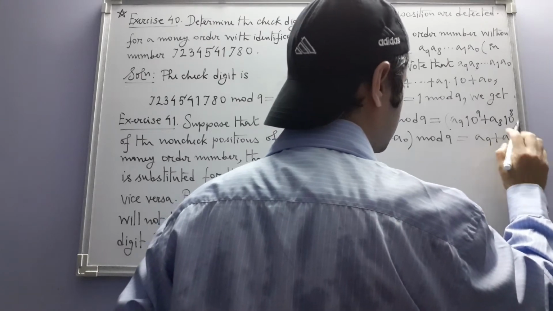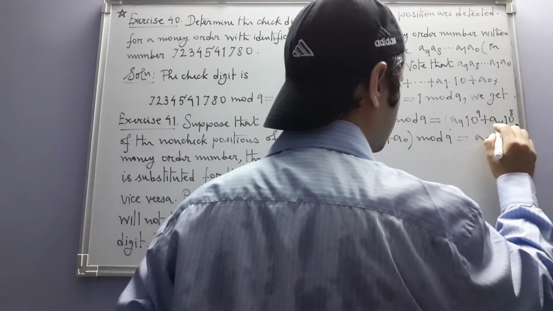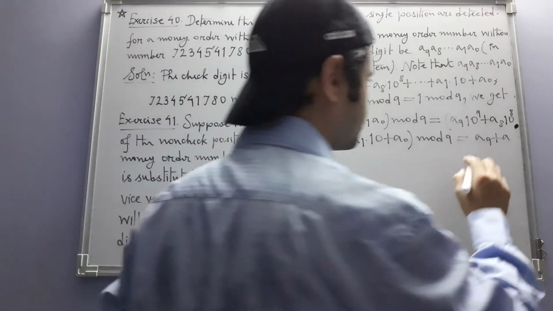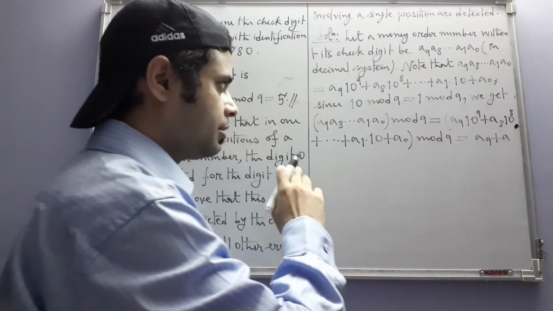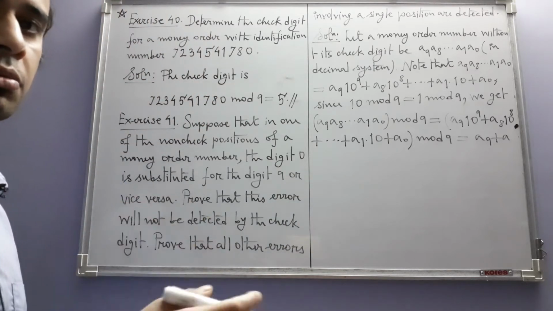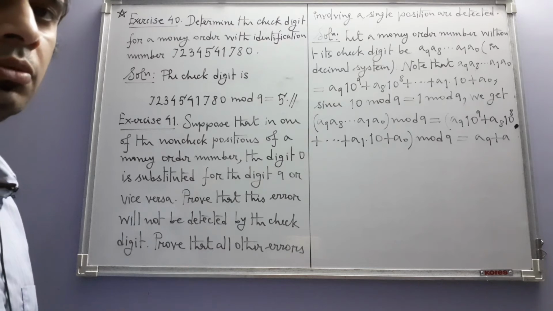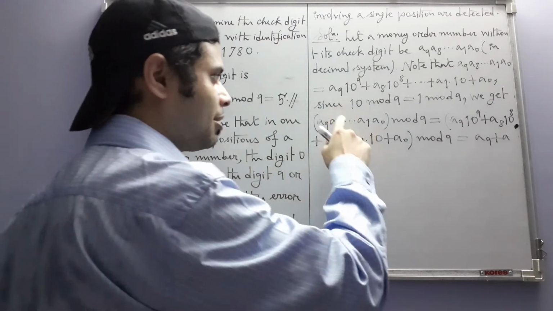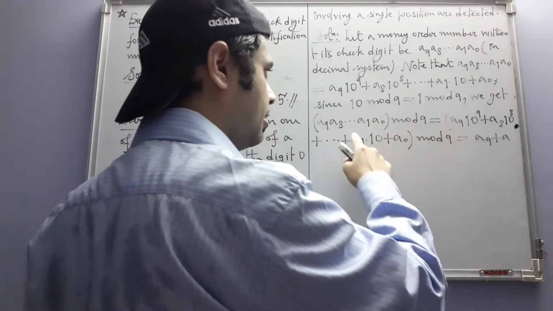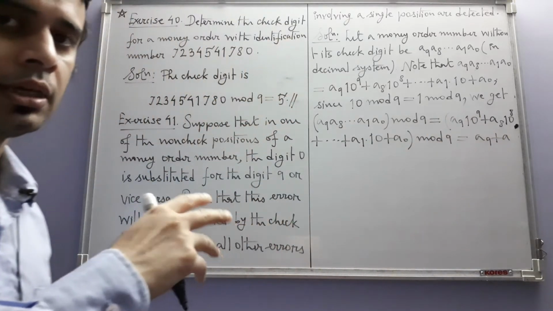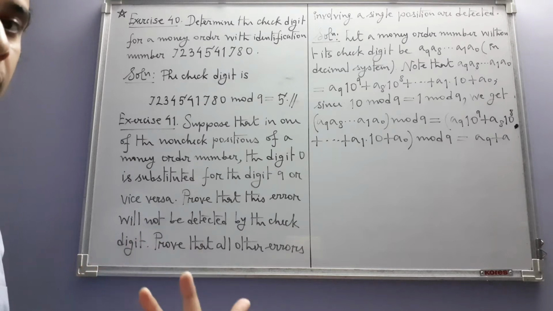Use the rules of modular arithmetic. Since 10 mod 9 is equal to 1 mod 9, 10 to the power 9 mod 9 will also be equal to 1 mod 9. If you multiply that on both sides by A9, you will have A9 times 10 to the power 9 equal to A9 mod 9.